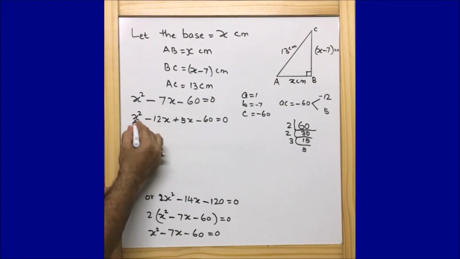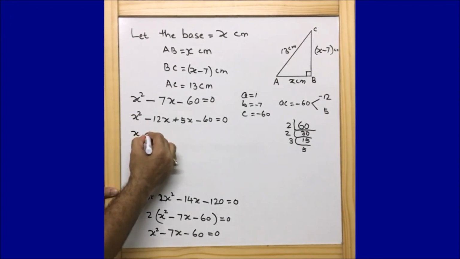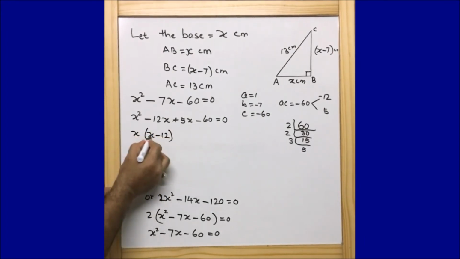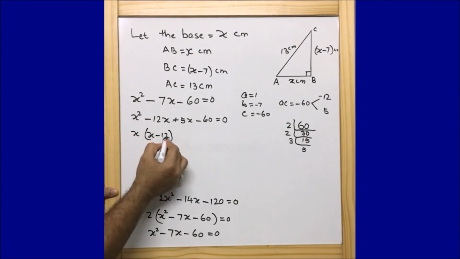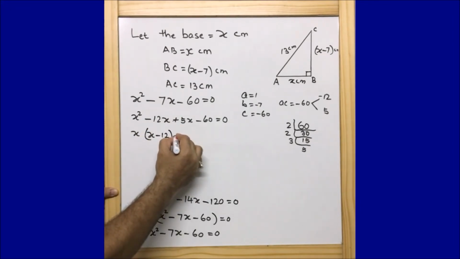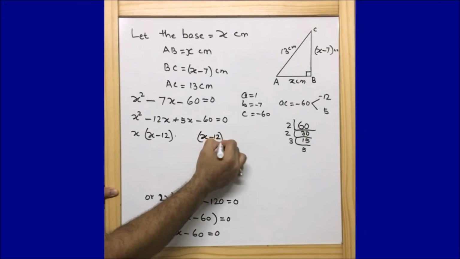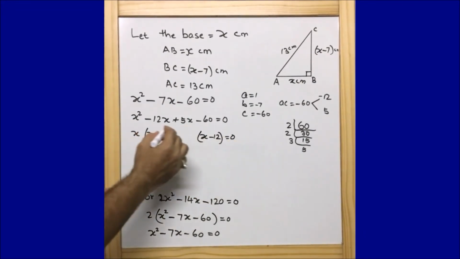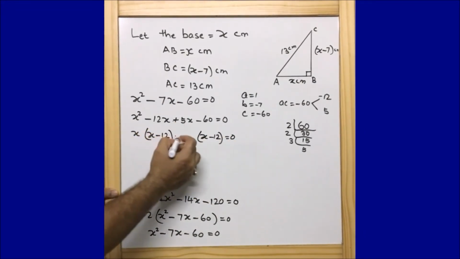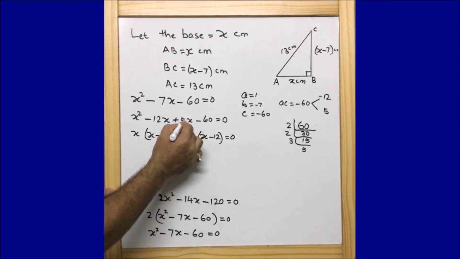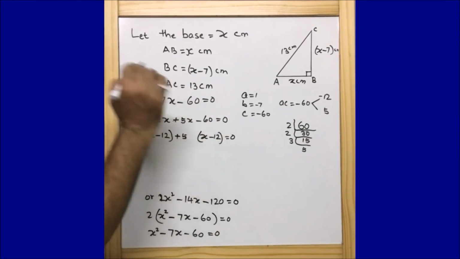Now I am taking x as the common, and I can write x minus 12, because x into x is x to the power 2 and x into 12 is minus 12x. So we require here 5x. So if I take plus 5 here, plus 5 into x is plus 5x, 5 into minus 12 is minus 60.